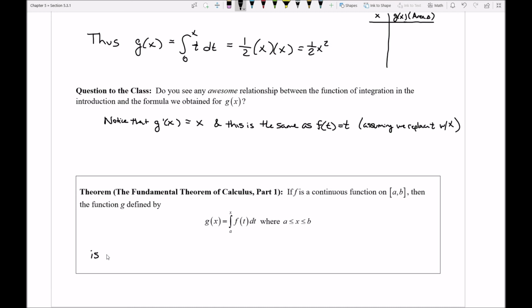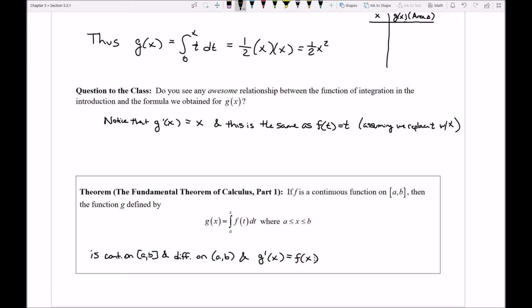First, the g of x function is going to be continuous on that interval from a to b. It will also be differentiable on the open interval from a to b. And even more importantly, the derivative of g of x is going to be the function f. Just replace all of the t's with x's.